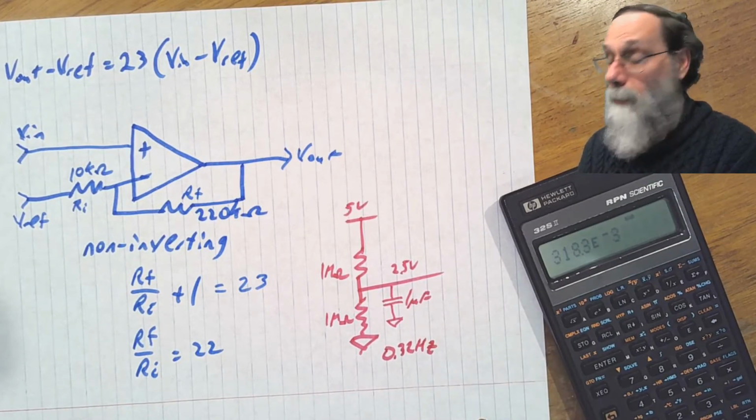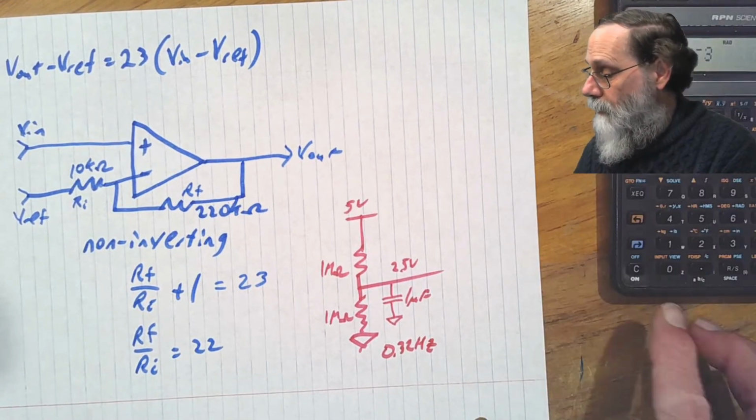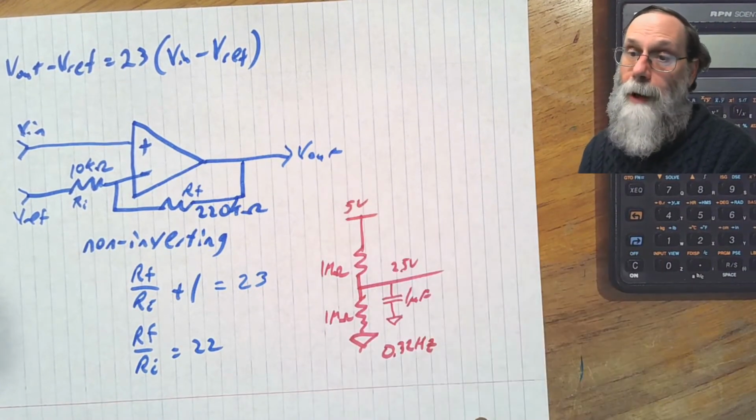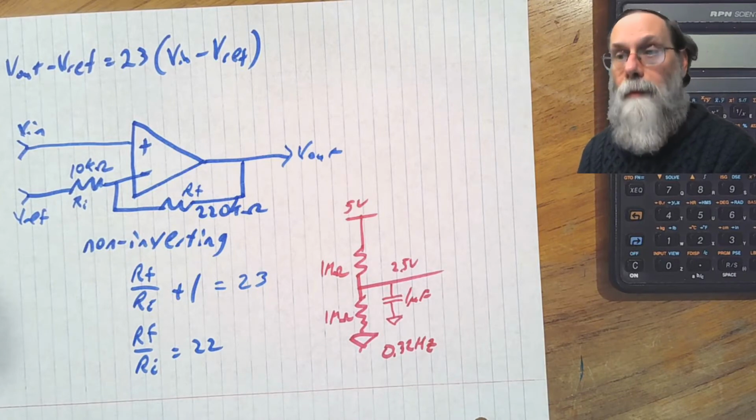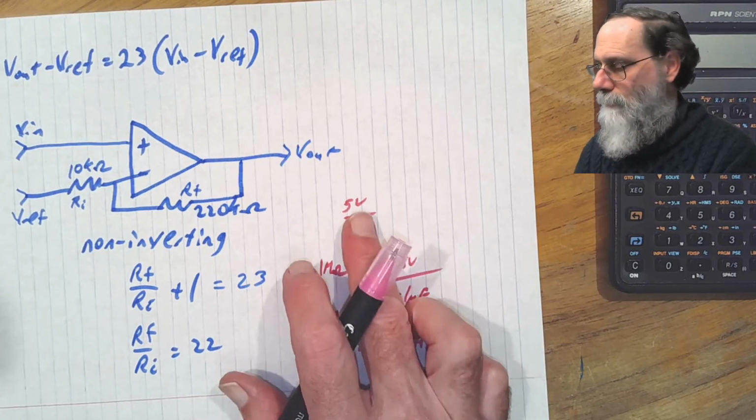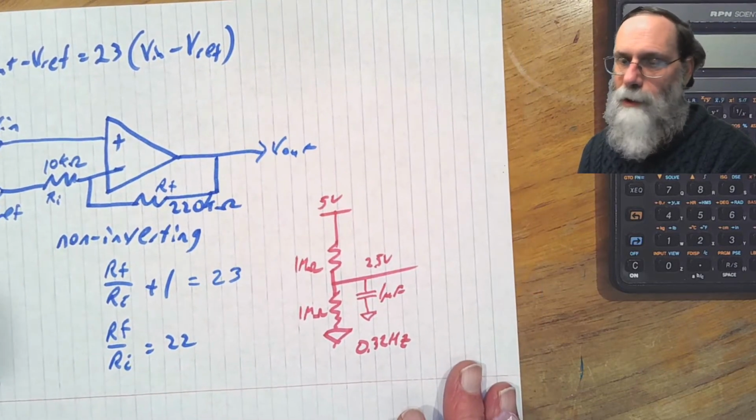So now we've got something that filters out all sorts of high frequency noise on the power supply and gives us a nice constant 2.5 volts, with only very small fluctuations if the supply has fluctuations.